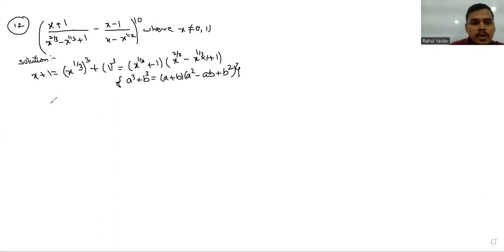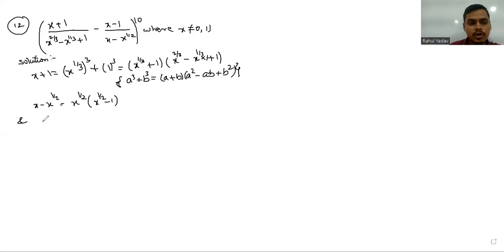Is it clear, student? Now the second part, x - 1 upon x - x^(1/2). We can simplify x - x^(1/2) as x^(1/2)(x^(1/2) - 1), so in the denominator we get x^(1/2)(x^(1/2) - 1).